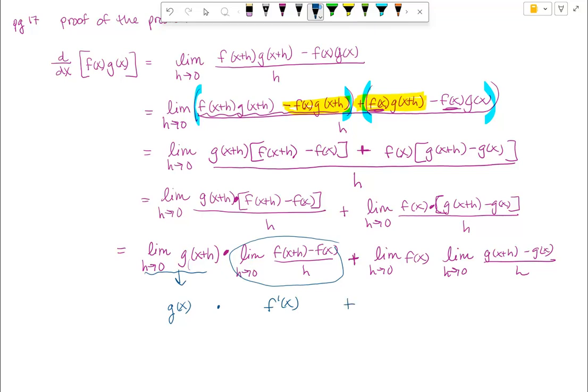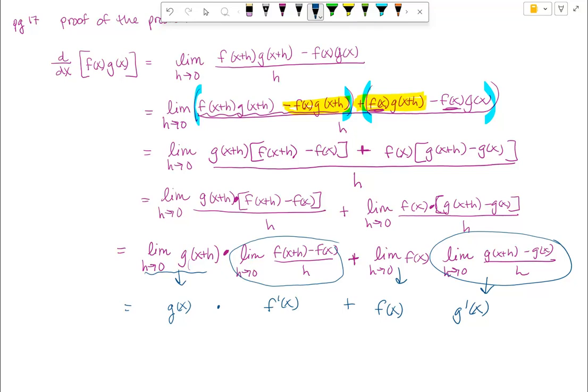All right, we have our plus sign here. The limit as h goes to 0 of f of x. Well, there's not even an h, like there's no place to plug in 0 for h. So this is just f of x. And then lastly, this last piece, the limit as h approaches 0, again, this is literally the definition of the derivative of g of x. So we get g prime of x.